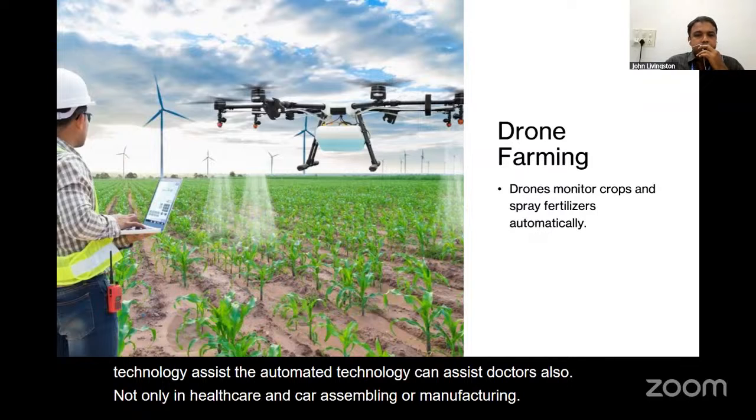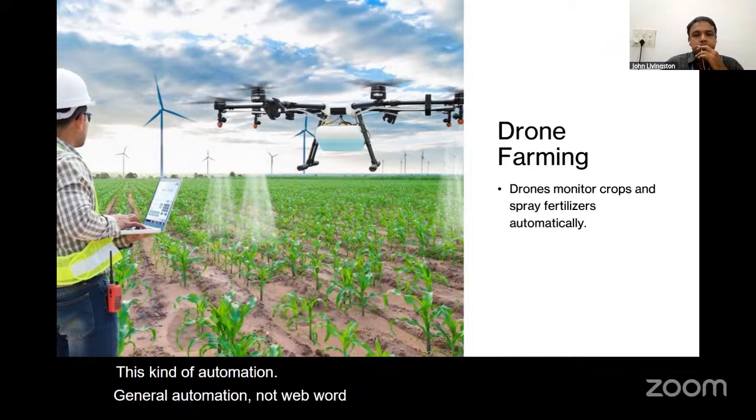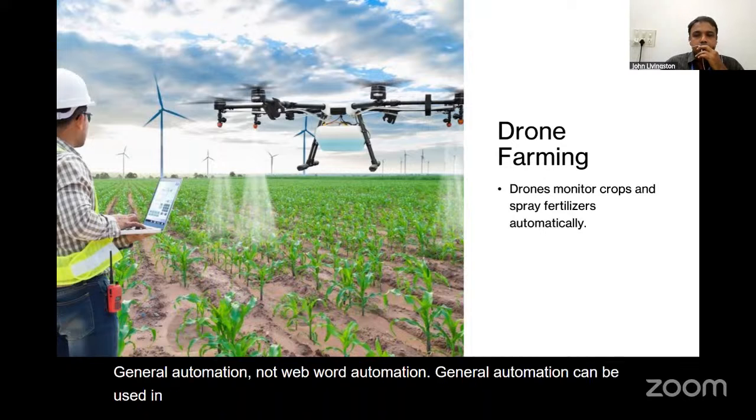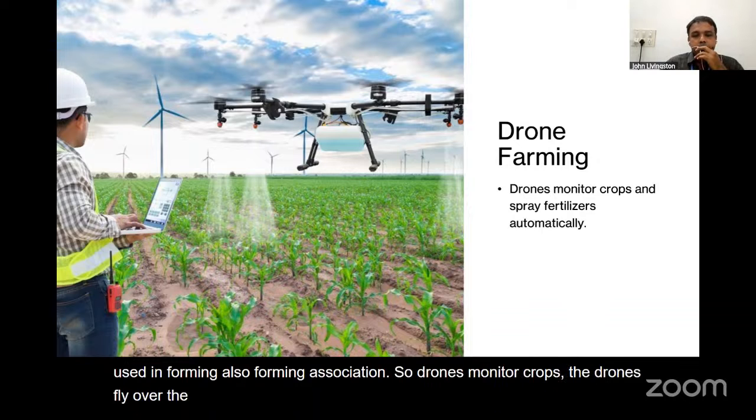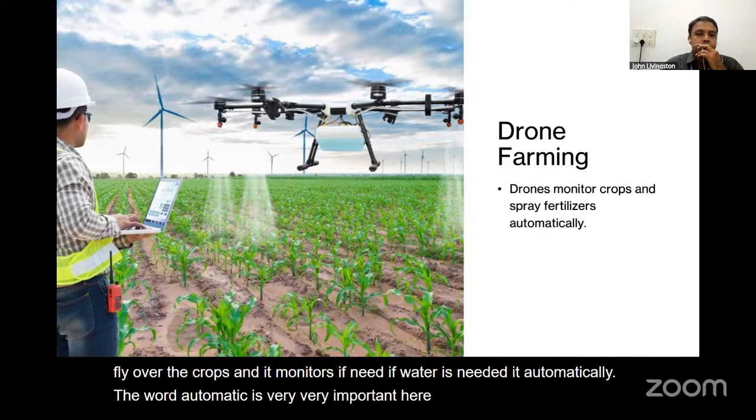This kind of general automation, not web automation, can be used in farming also, like drone farming, as you see here. Drones fly over the crops and monitor them.